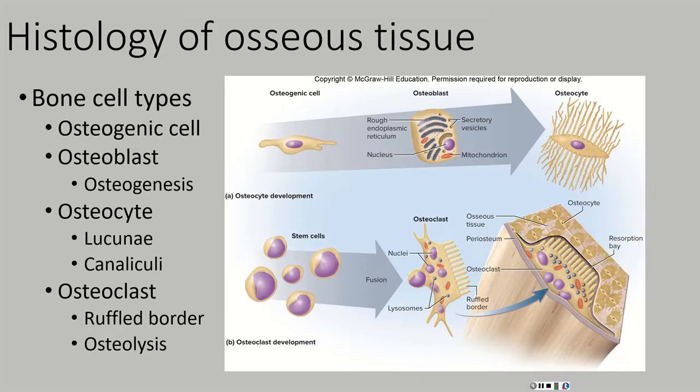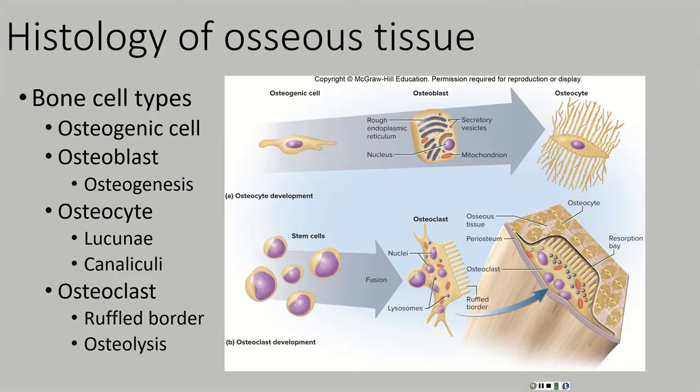So what do osteocytes do? They basically just maintain the small area of bone that they are surrounded by. They maintain existing bone. And they're actually going to be trapped, like I said, surrounded by bone, but they're sitting in a small pocket, an open space.